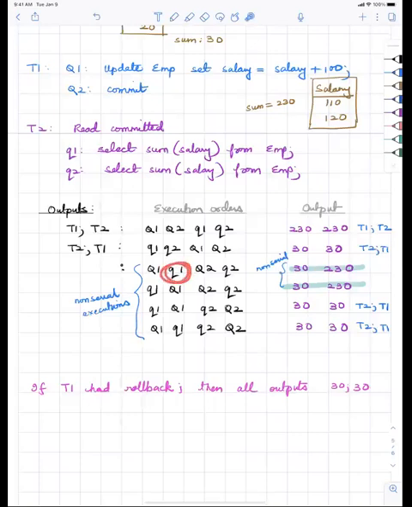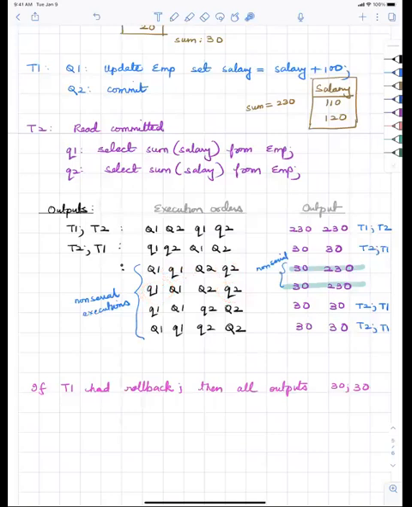So this one happened before T1 committed, and this one happened after T1 committed. And same thing out here. This Q1 happened before T1 committed, and this happened after T1 committed. So you can still see non-serializability, but you will never see non-atomic.